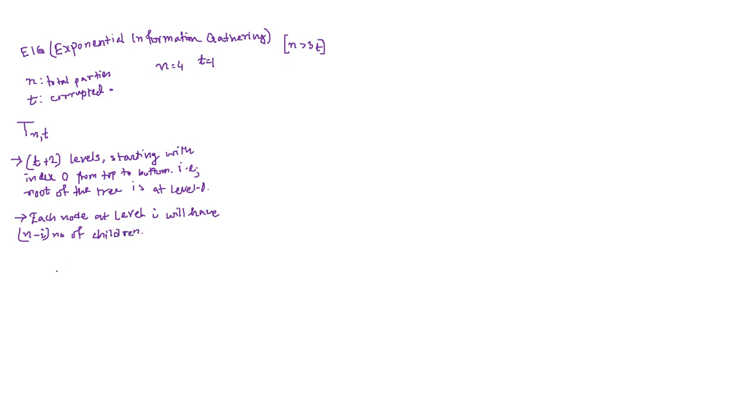So with this much information you can guess the structure of the tree. If we try to draw T4,1, the root node is at level 0. How many children will it have? The level 0 node will have N minus 0, that is 4 minus 0, 4 children. So let's draw 4 children: 1, 2, 3, 4.